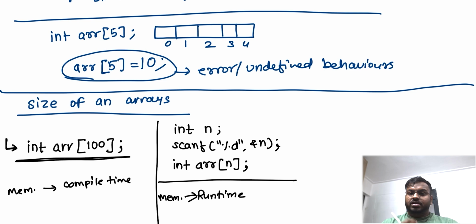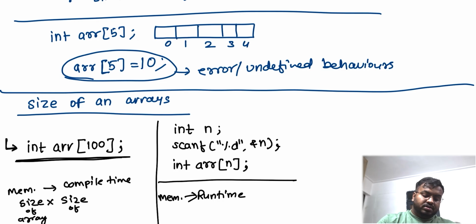So whenever you declare the size with the help of a constant, for example, in this case, I have declared the size with the help of a constant that is 100. So at the compile time, that means during the compilation phase, phase 1, the memory is allocated to this particular array. Now how much memory will be allocated? Memory will be size of the array times size of the data type.